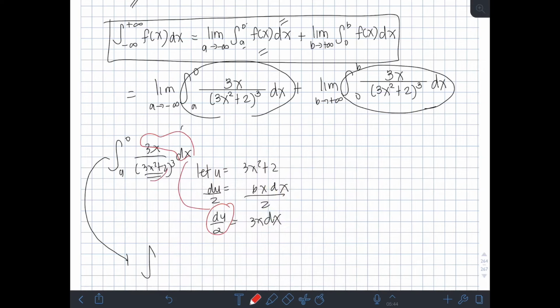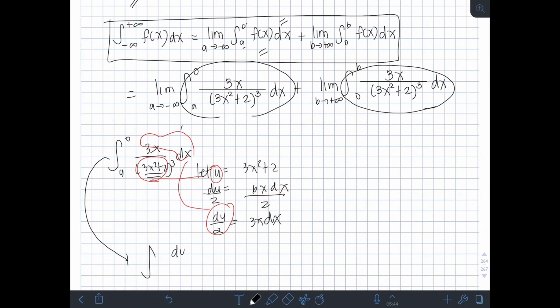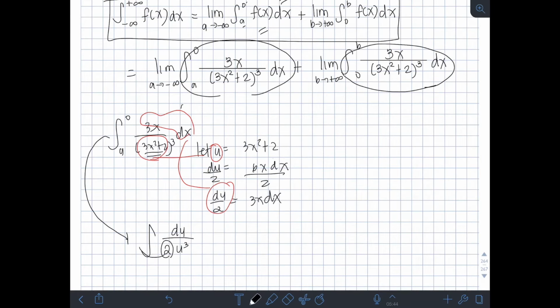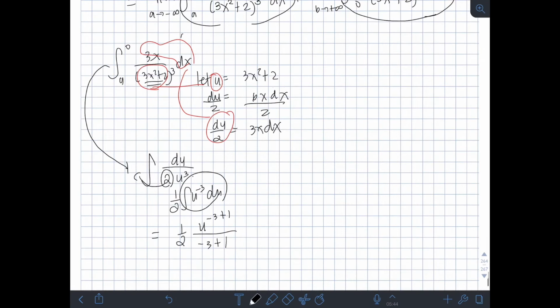And then 3x squared plus 2 is equal to u. So, we get du over 2, then u cubed. I'll set aside the 1/2: 1/2 integral of du over u cubed, which becomes u raised to negative 3. Then, applying the power formula, this integral equals 1/2 times u raised to negative 3 plus 1 over negative 3 plus 1.